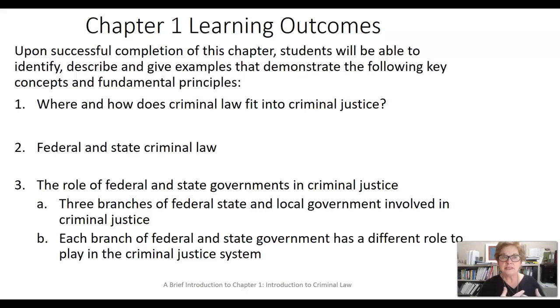So state and local law enforcement are part of the executive branch of state government. Federal law enforcement is under the executive branch of government. And then thirdly, the judicial branch. We have 50 different state court systems. We have one federal system.